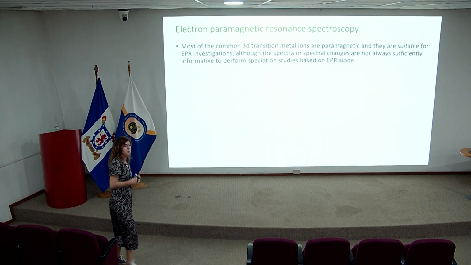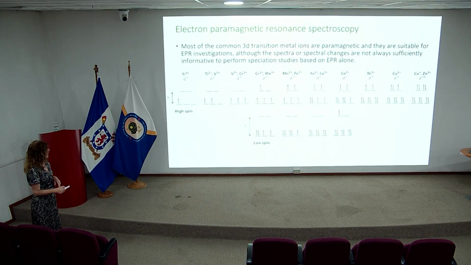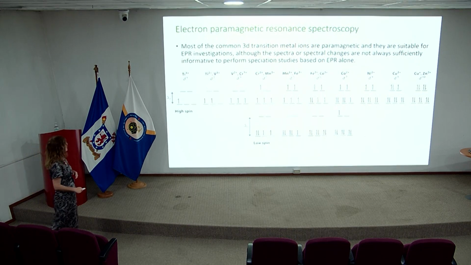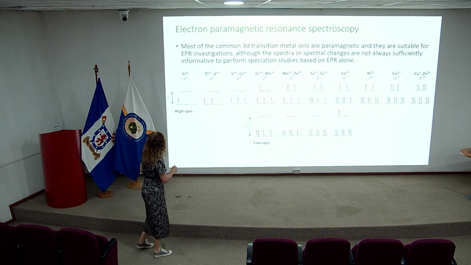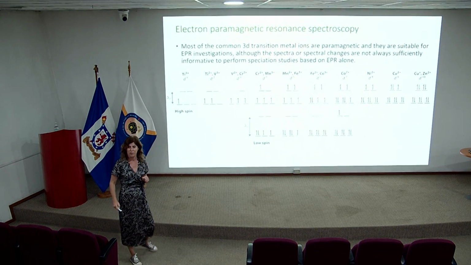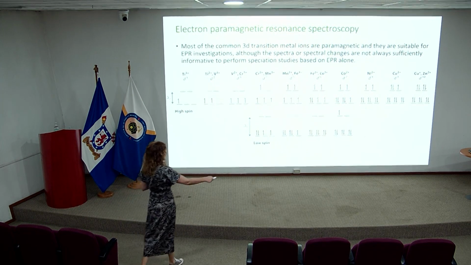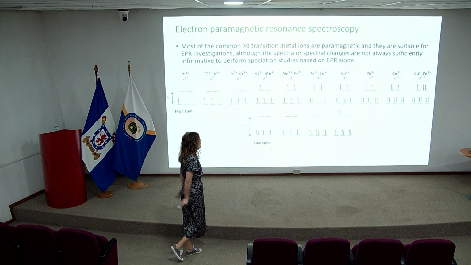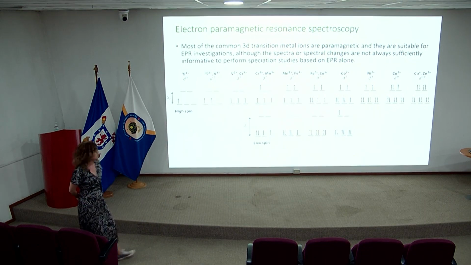The spectra become more complicated and more difficult to understand. I showed you this yesterday, so high spin, low spin complexes, and we can see that most of the metals have unpaired electrons. And some systems are very good for measuring EPR, such as, for instance, copper-2. Copper-2 has 1 unpaired electron.